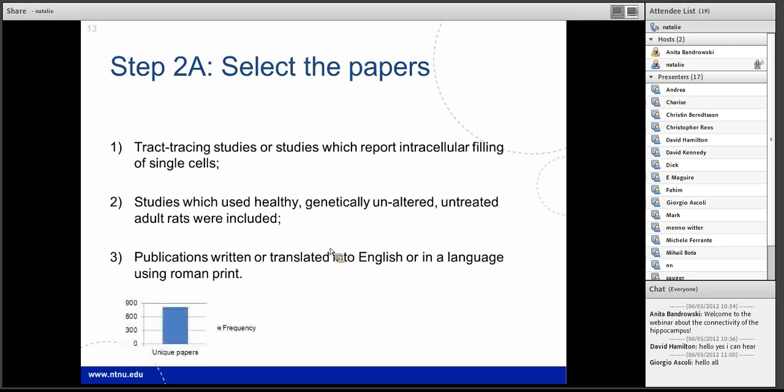Out of the 800 possible targets, only 46 citations contained relevant information about the retrosplenial connections to the hippocampal formation and to the parahippocampal region of the rat.